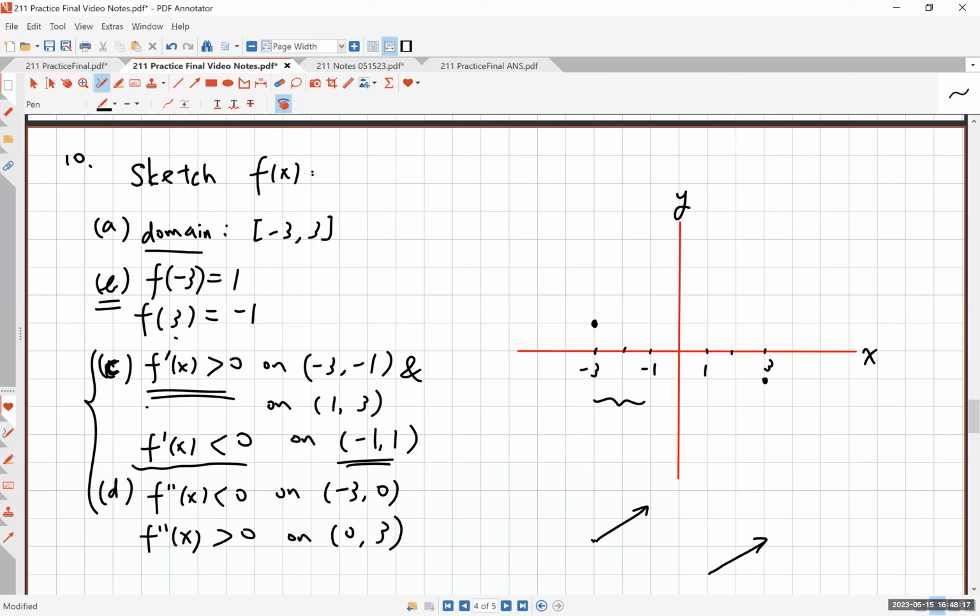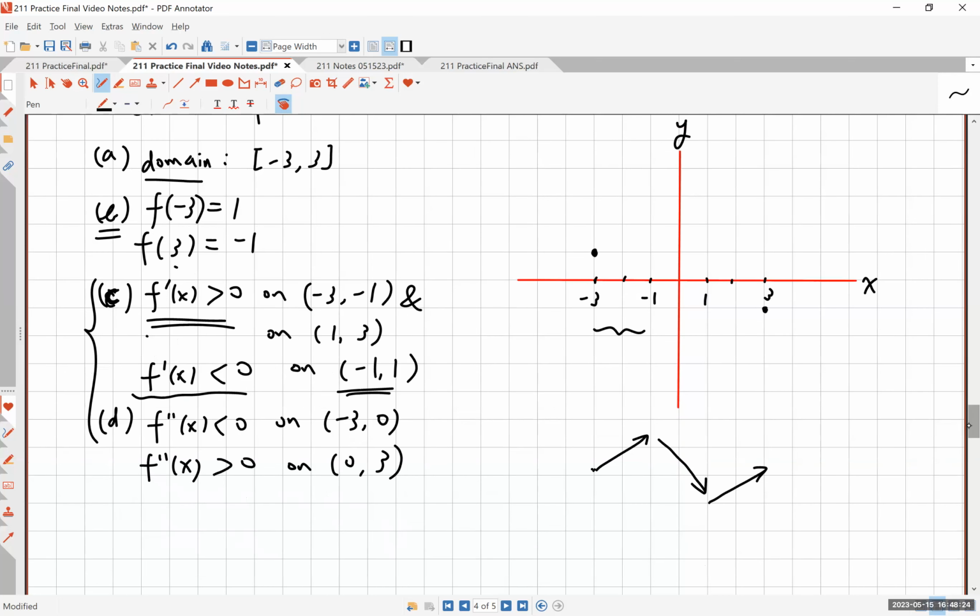So basically the graph in general has to look like this.